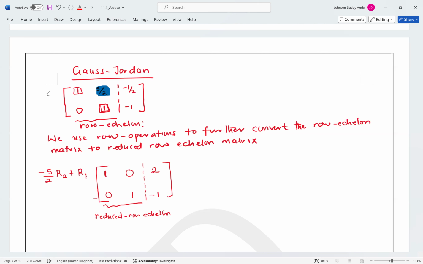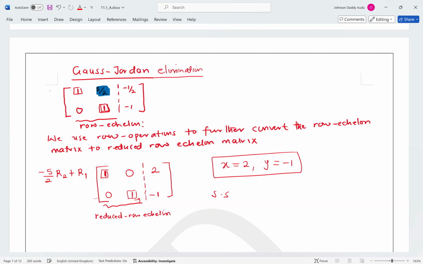So we can stop. By Gauss-Jordan elimination, they are all elimination methods, just different names. Directly, you can see that every row has a leading entry. So here you can see clearly x is just going to be 2 and y is going to be minus 1 directly.